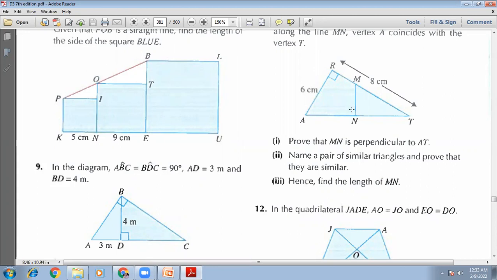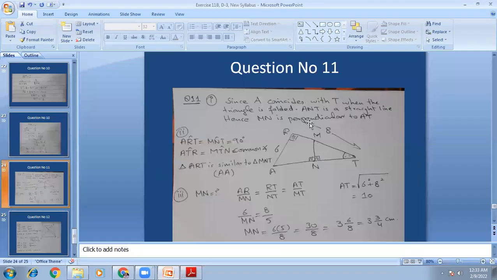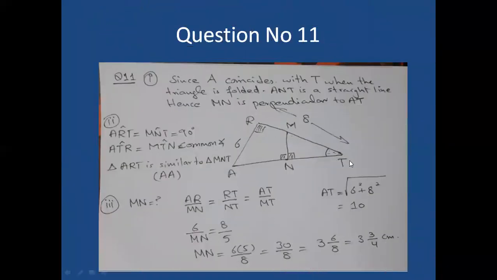I will be able to find the value of MN. Okay, so let me show you. Now I have marked this angle. These angles are 90, 90, so this angle is also 90. So angle ART and angle MNT both are 90.